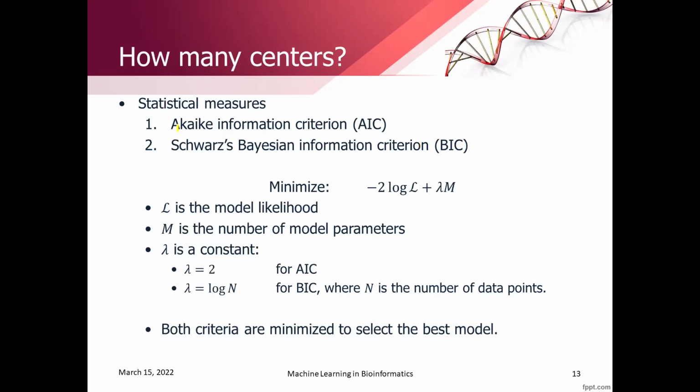So I have here the Akaike information criterion and Schwarz-Bayesian. Oh, Bayesian, so I think this should be the Bayesian information criterion. Both these statistical measures have the same formula: -2 times logarithm of L plus lambda times M, where L is the likelihood.